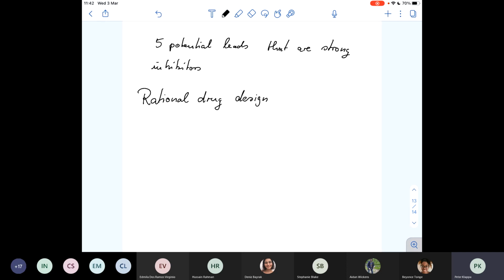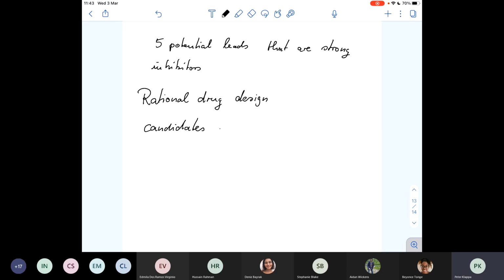We also need to make sure that these candidates, that's another word for lead, are suitable as drugs. So if we develop a candidate which is a very, very good inhibitor, but if it kills the host, if it kills the patient who we want to treat, then it's no good.